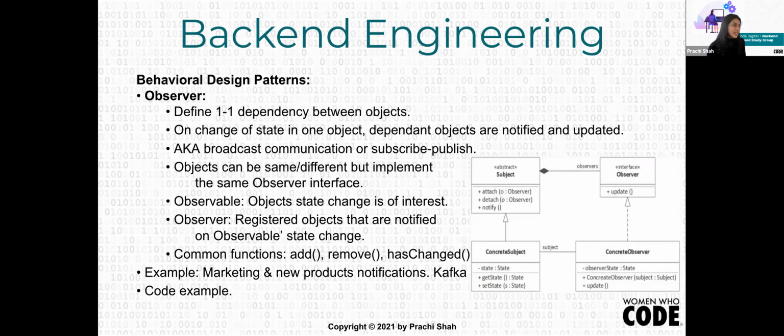Some of the common functionalities we do here is we add a new observer, we remove an observer, and we have a has-changed method which checks from time to time, has the observable state changed, has it not, and then an update which actually updates all the observers with whatever the state change for that observable is.